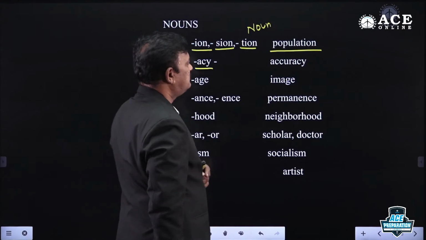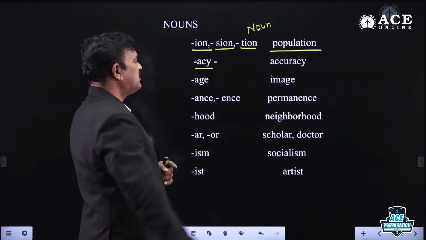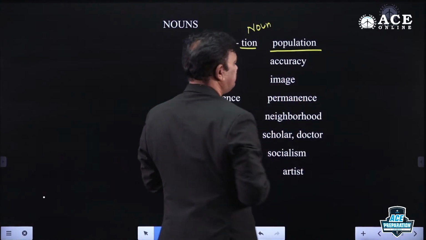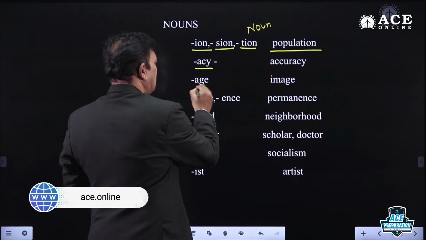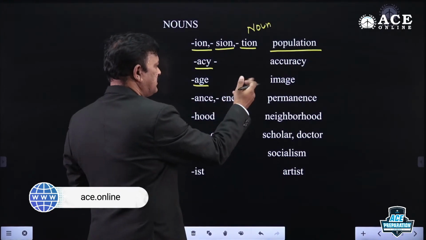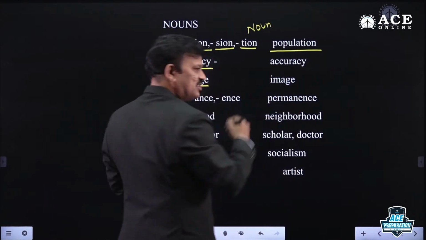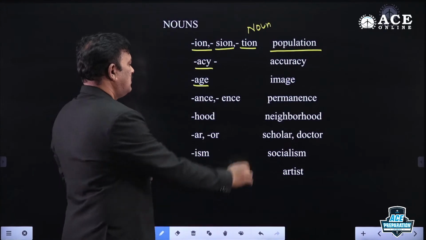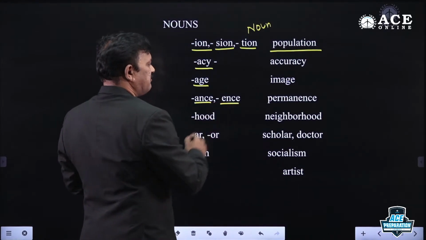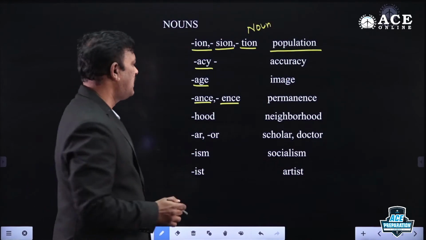ACY. This is one of the ways, right? Now, accuracy, privacy, something like this. Image, it's a noun because I have this. And privilege, it's a noun because of the AGE. ANC, ENC: if a word ends with these suffixes, by birth they are nouns again.